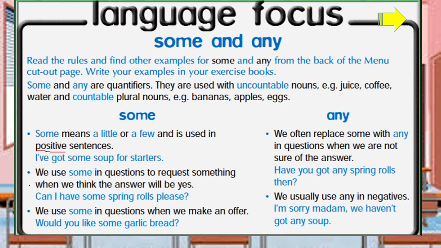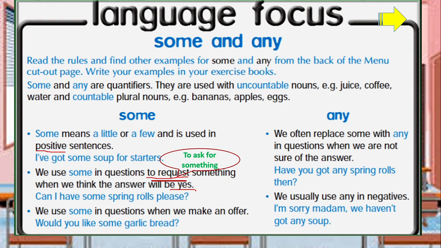Let us look at the second one. We use some in questions to request. What do we mean by request, students? Request is to ask for something, when we think the answer will be yes.